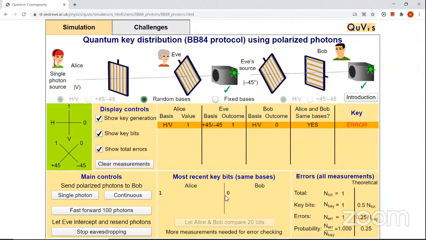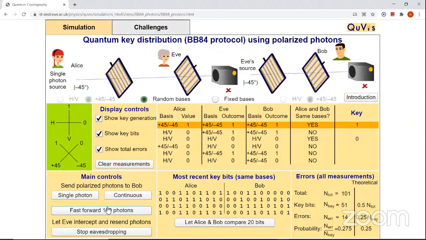So this thing will be detectable. Sometimes this thing will be detectable and sometimes it will not be detected. So this error is introduced and 25% of the time this error will be detected. So see, if I fire this kind of 100 photons, what I am saying is sometimes the basis matches, sometimes not.